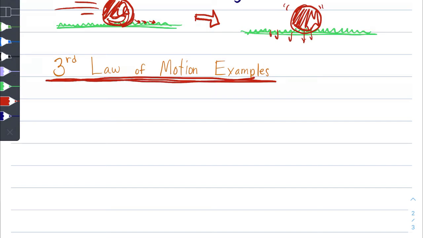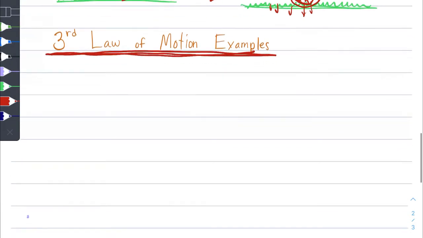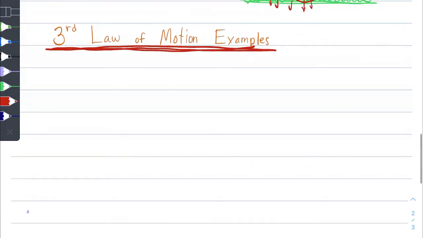So let's now explain some third law of motion examples. For every action, there's an equal and opposite reaction is a good way to summarize Newton's third law. To begin with, let's imagine that we have somebody that is digging their heels into the ground, but they're pulling on a rope.